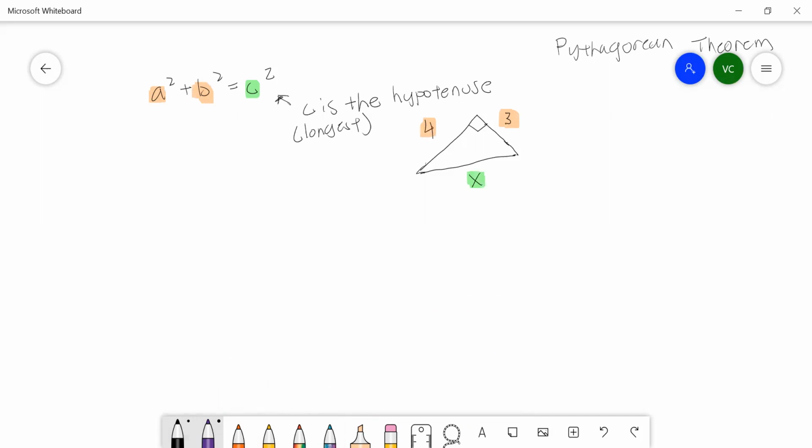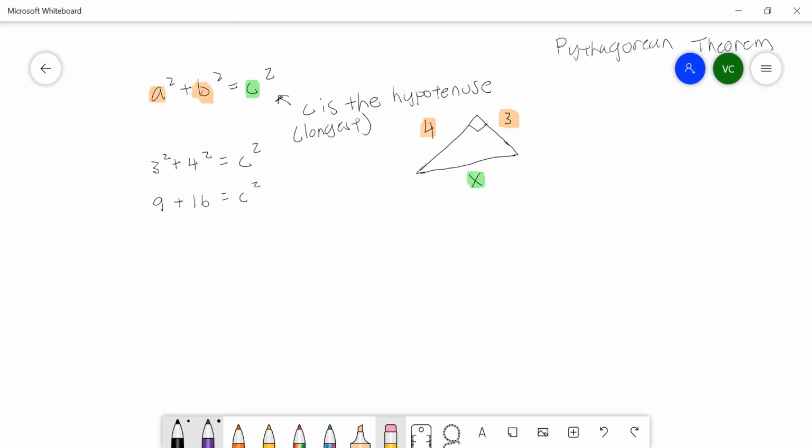If you did 3 squared plus 4 squared equals c squared, that's correct. Now solve it. Pause the video and do it yourself. If you said 3 squared is 3 times 3, so that's 9, and you add 4 squared, and that's 4 times 4, that's 16, and that equals c squared.